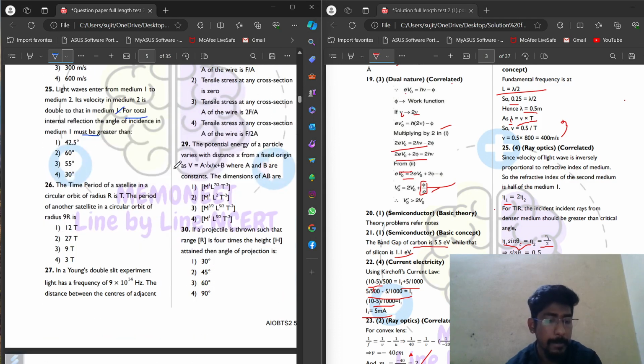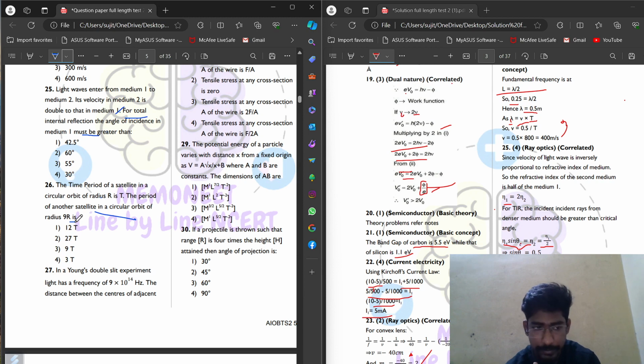Okay, the time period of a satellite in the orbit of radius r is T. What is the time period for another satellite in an orbit of radius 9r? Now, in Kepler's law there is a relation between time period and radius: T squared is proportional to r cubed. So T is proportional to r to the power 3 by 2.